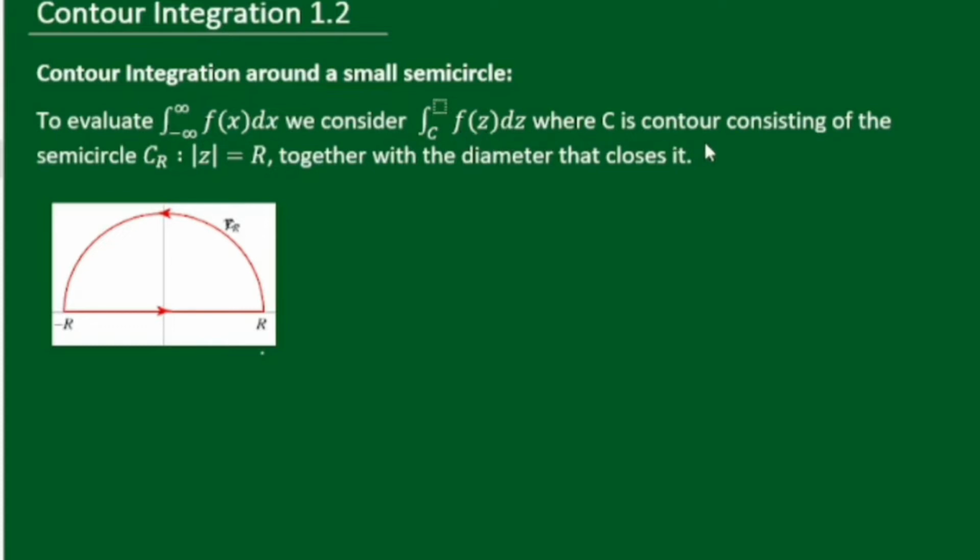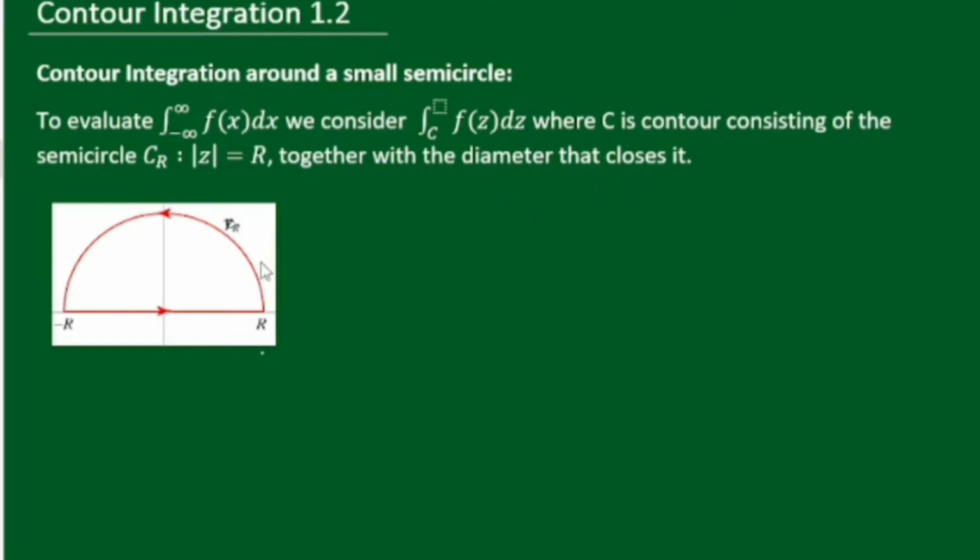C is a contour consisting of the semicircle C_R, |z| = R. That means C_R is a semicircle with the center at the origin and radius capital R, together with the diameter that closes it.